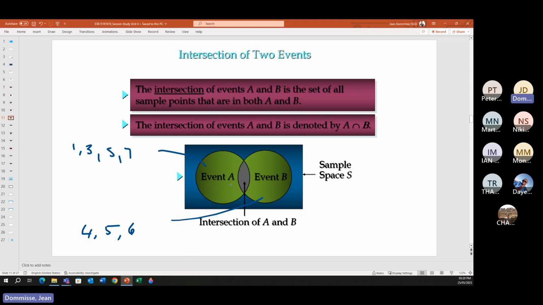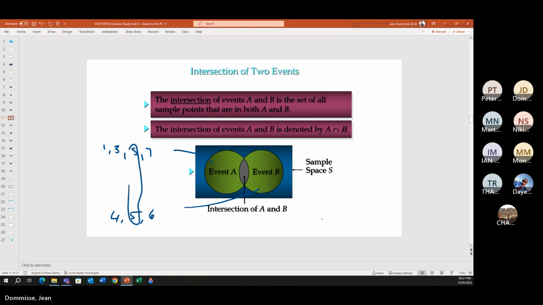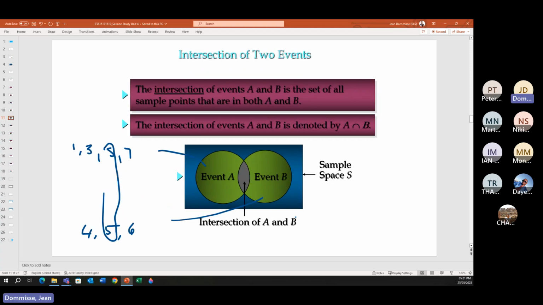So the intersection in the middle is the one that is sitting in both events, which will be 5. So if I look at two events that might happen, that is what the intersection means.